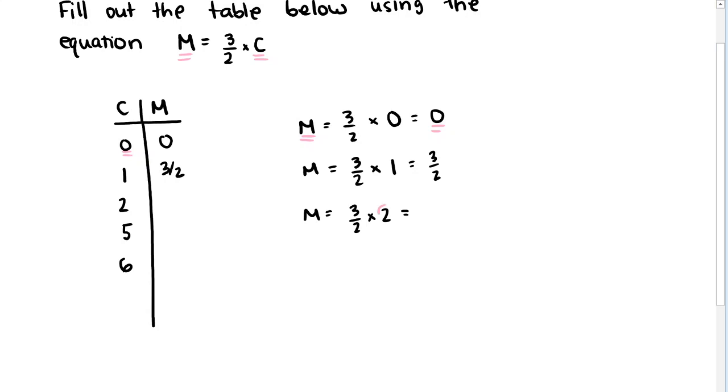But here we can rewrite 2 as a fraction because 2 is the same as 2 over 1, right? 3 over 2 times 2 is really the same as 3 over 2 times 2 over 1. Because here, if we take any number and divide it by 1, we just get that number back, right? 2 divided by 1 is still 2. These are really the same. There's no difference between what I've written here and what I've written here.